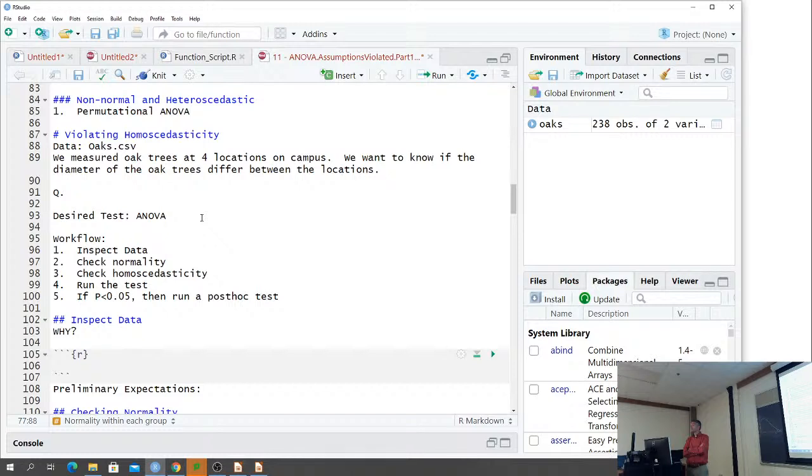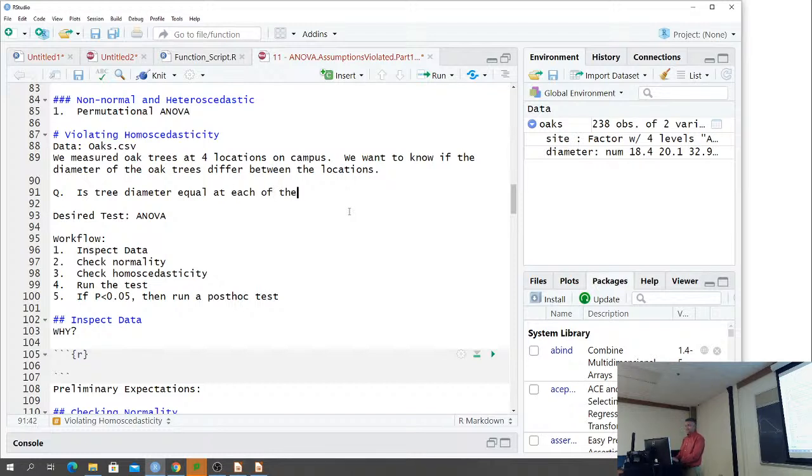What are the variables you have in mind? Site and diameter. We're measuring the sites at the same time. So if we say, is tree diameter equal at each of the sites?